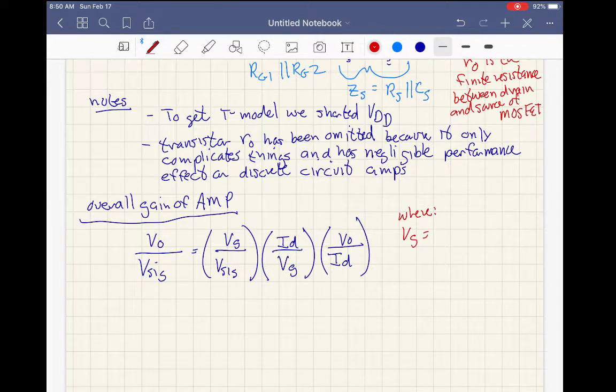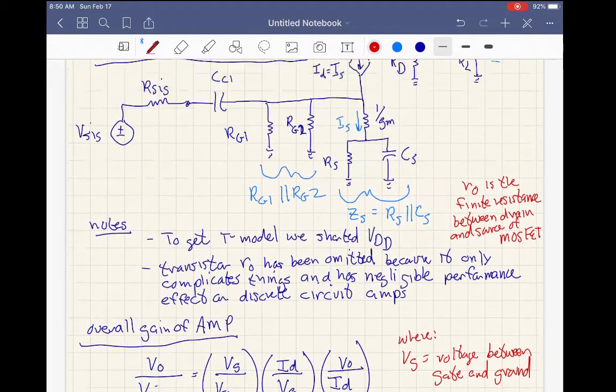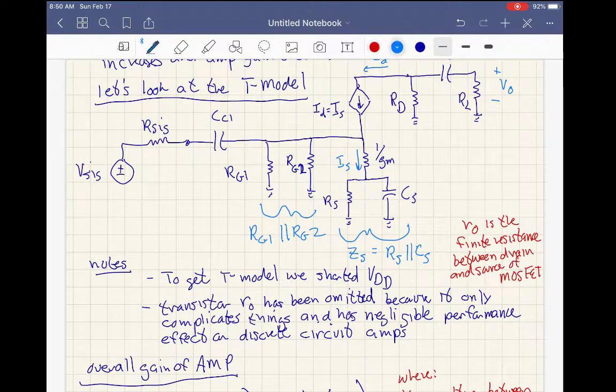VG is the voltage between the gate and ground. Let me just scroll up here. I'm not sure if I put this on the diagram. No, I didn't, so let me add it right here. We're going to put VG right here.